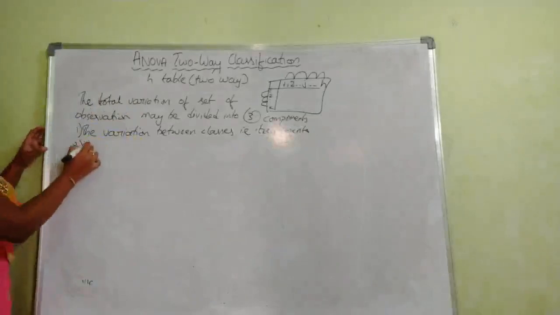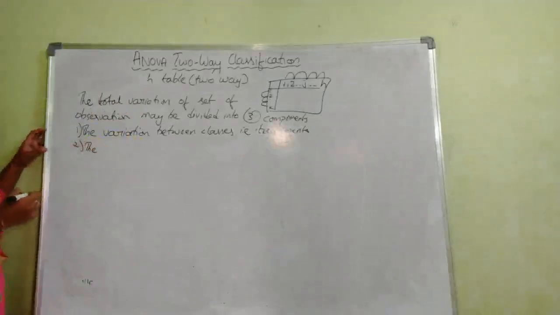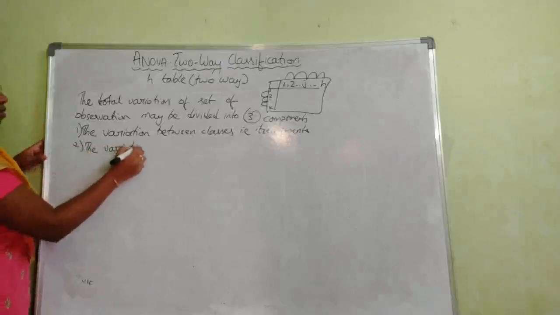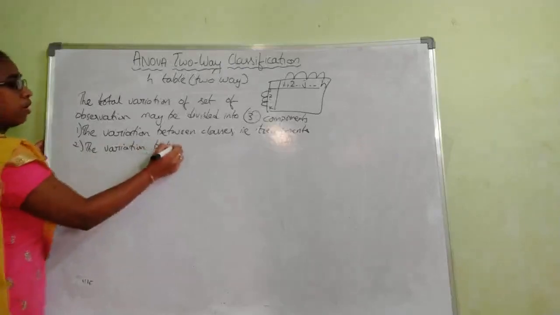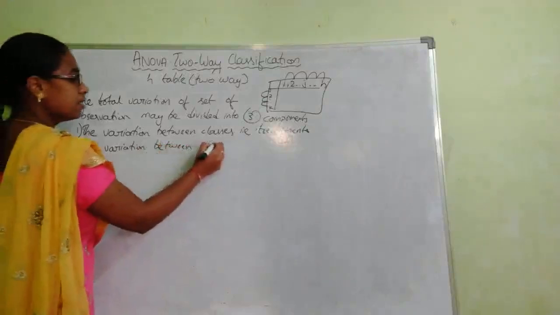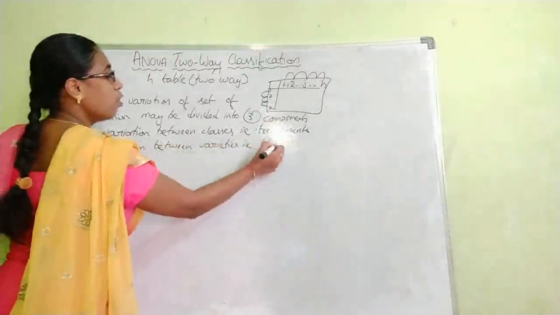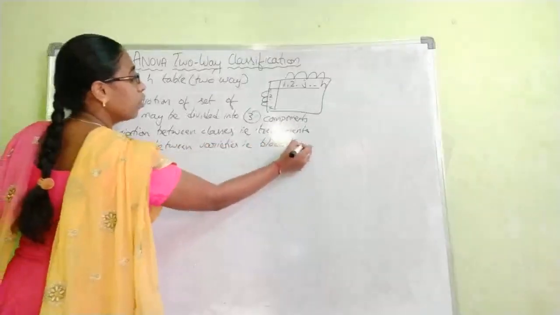Next is the variation between the groups, which is known as the varieties. Between varieties means the blocks or the groups.